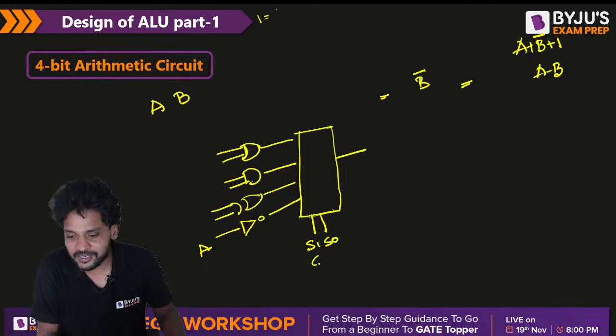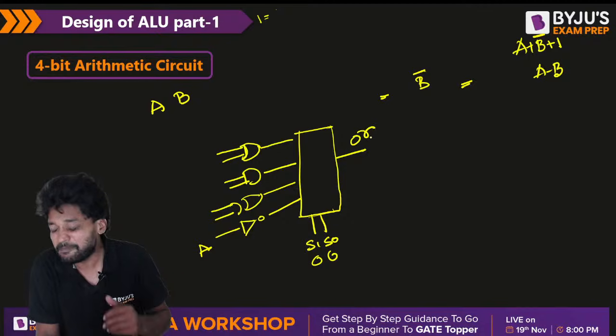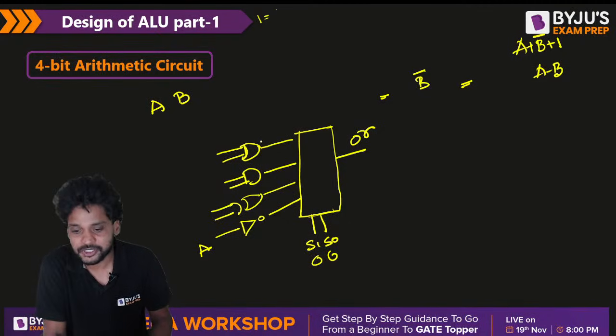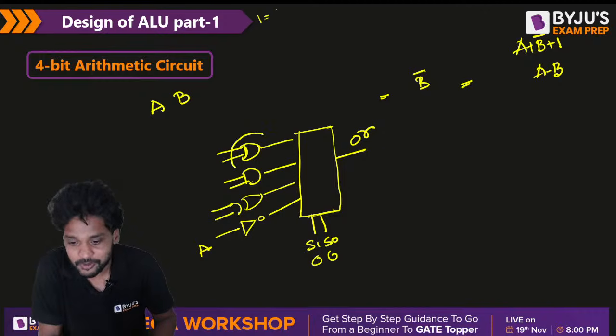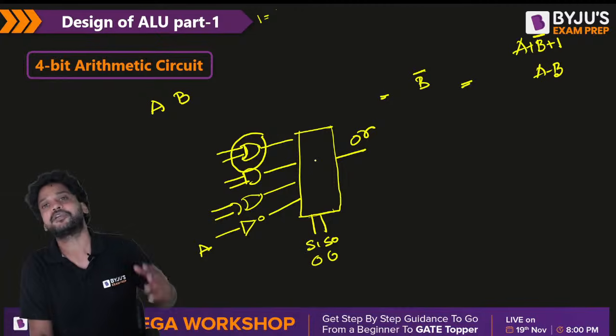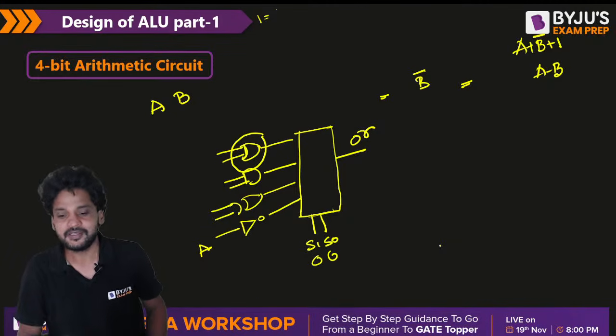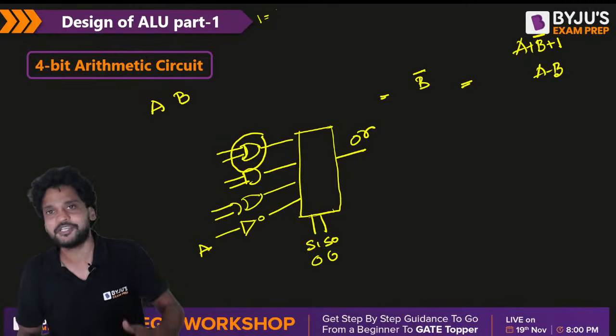Now S1 and S0 are equal to 0, 0. The multiplexer is going to enable the OR operation, because understand, the OR operation is only performed in the OR gate, but the multiplexer is selecting the OR operation. Did I make my point very clear? Chinmay, the multiplexer is only for selection.